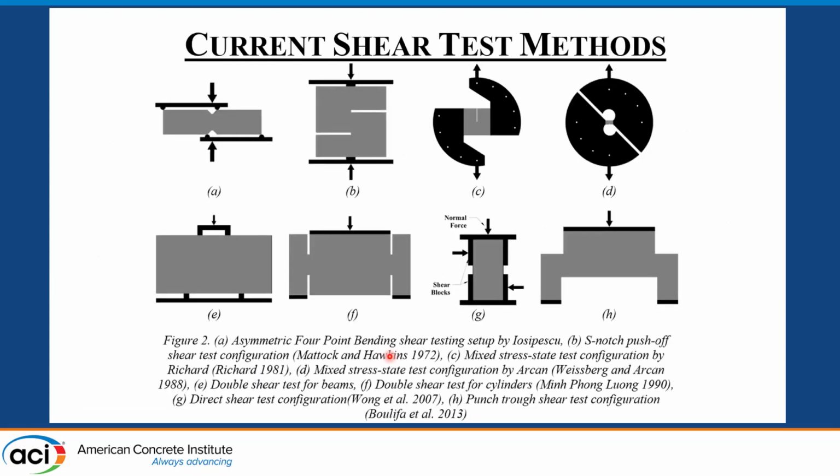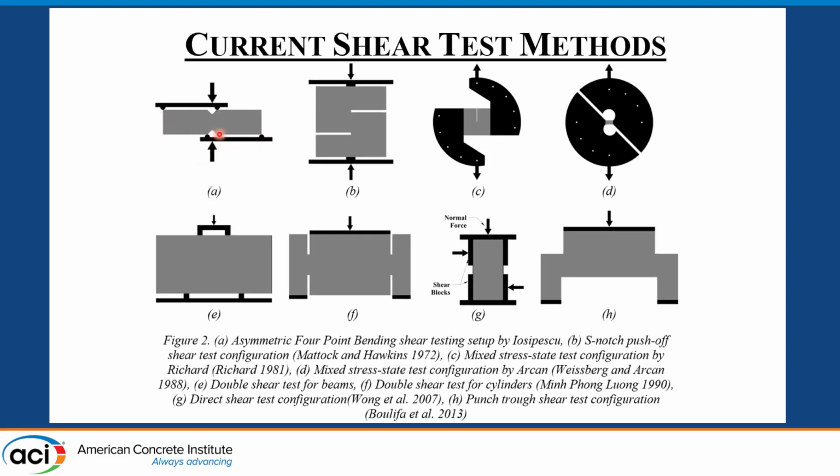So these are the shear testing methods that have been used for different materials, mostly for metals. The first one, image A, is the asymmetric four-point bending method, or today we call it the Iosipescu method. Iosipescu basically modified that basic test configuration into a fixture that I will come to in a couple of slides.